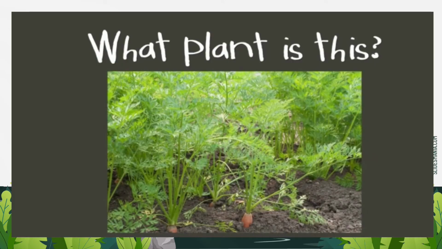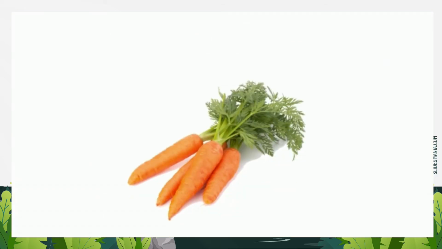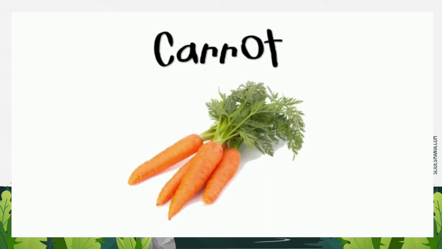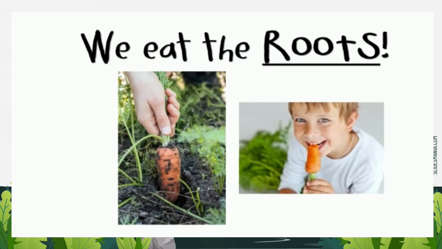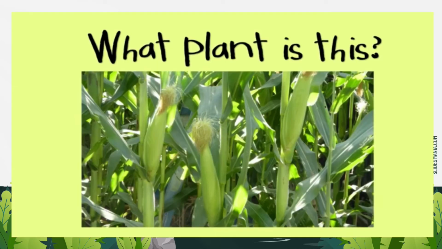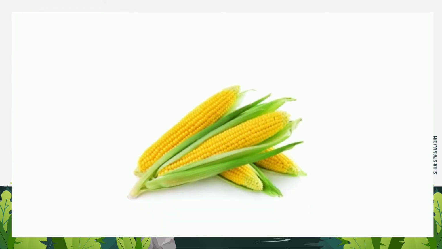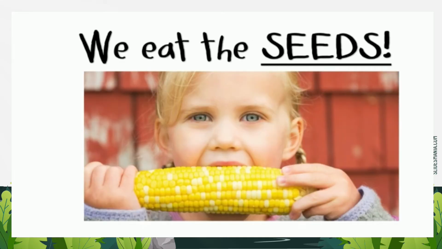Now, what plant is this? Any idea? Can you see the down part? Yes, it is carrot. And we are eating the roots. Yes, because it's under the soil, so it's the roots. Now, what plant is this one? Yes, it's corn. And we are eating the seeds.